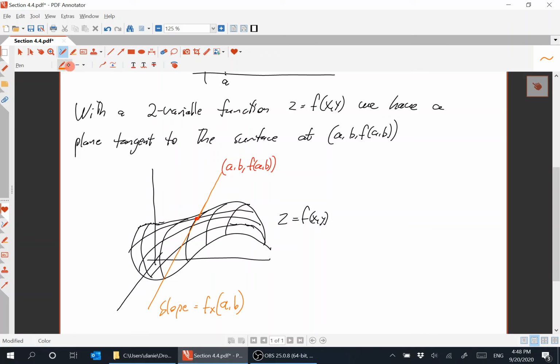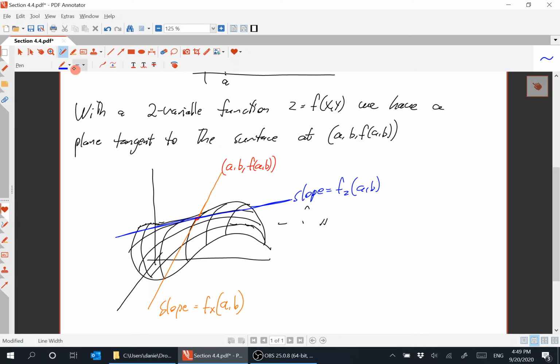And then you also have the slope of the surface in the y direction, so parallel to the y-axis, like that. And the slope of this one is the partial derivative of f with respect to y at the point a, b.